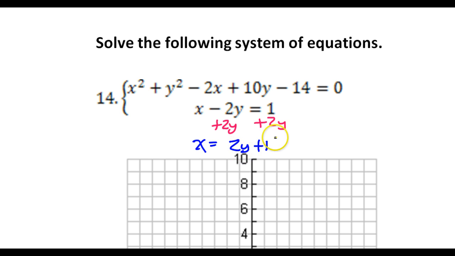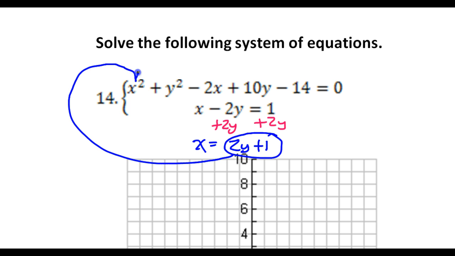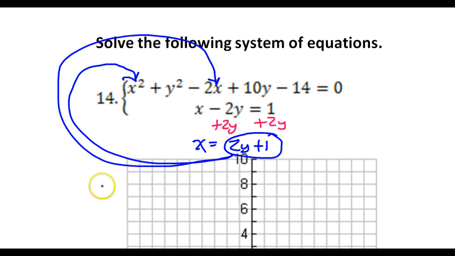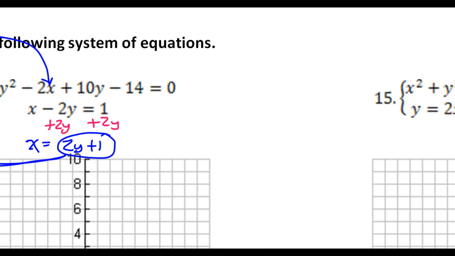All right? So once you have one variable by itself, and it could have easily been y, sometimes it'll be x, you take that expression and you substitute that back into the problem for that variable. So this is x equals, so I'm going to take this and put it everywhere I see an x. So I see two x's, so I'm going to plug it in those two places. Let's see.